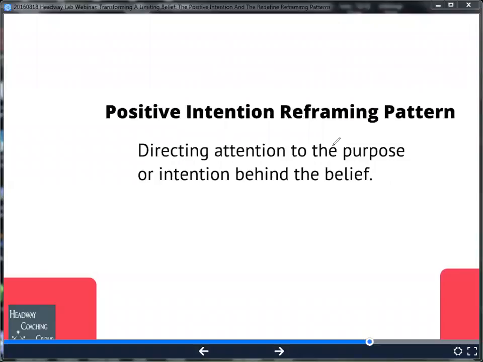The reaction is understandable, but the intention behind it, to keep the kitchen or household clean, isn't it positive? Of course it is.